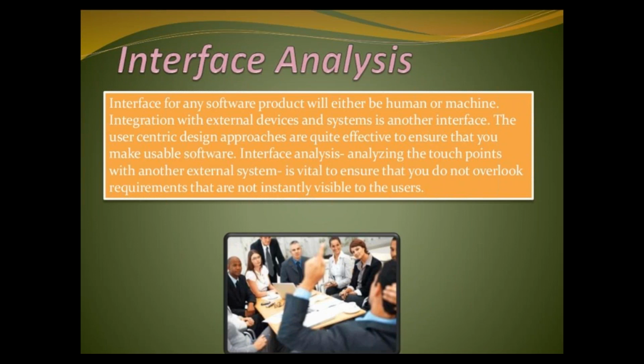How many screens exist? Within each of these screens, what are the various functionalities? How many web pages exist? Within each of the web pages, what you have to understand from the existing system, and what you have to implement in the new system. So interface analysis is nothing but each and every screen or web page should be analyzed and understood.